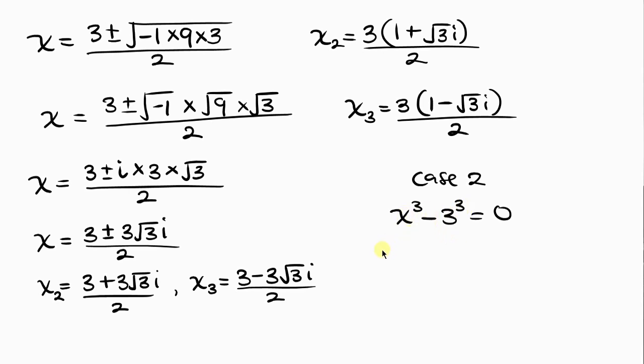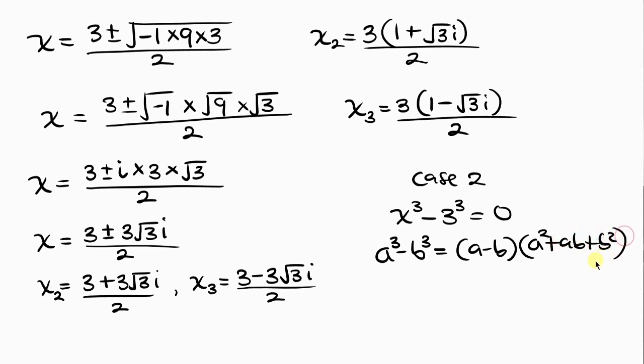For example, when I have a cubed minus b cubed, which is the difference of two cubes, this can be written as a minus b times a squared plus ab plus b squared. So we're going to be applying this property to what we have here. By comparison, you notice that a is x and b is 3.